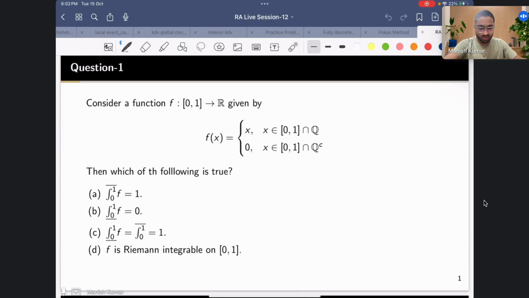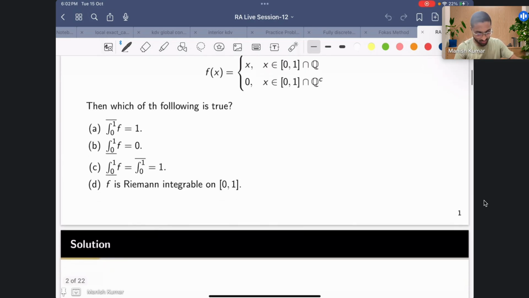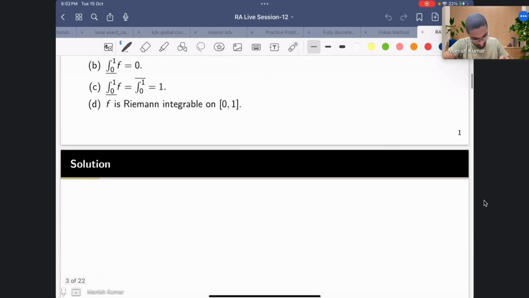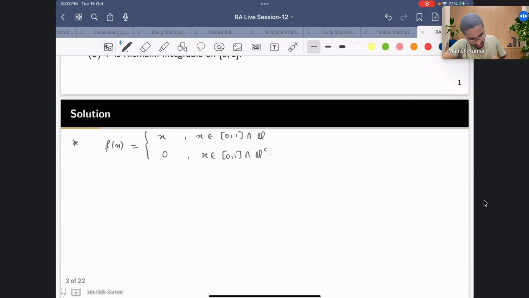Okay, so let's start with this. One thing is very immediate, the lower sum. Maybe I should write: this is the function. f(x) is equal to x when x belongs to [0,1] intersection Q, and it's 0 when x belongs to [0,1] intersection Q complement. One thing is clear: suppose we take any partition.